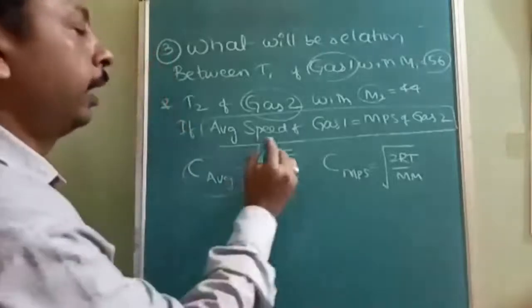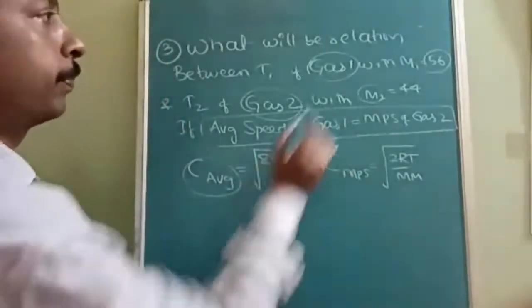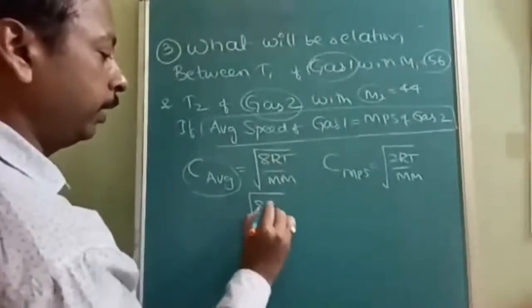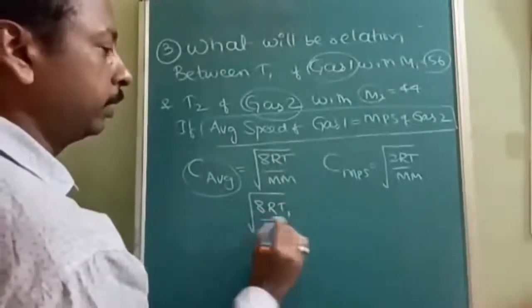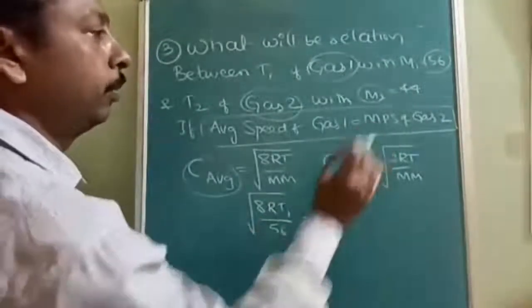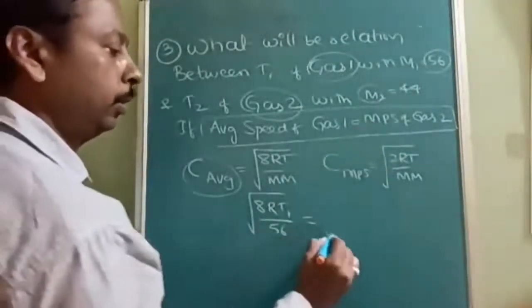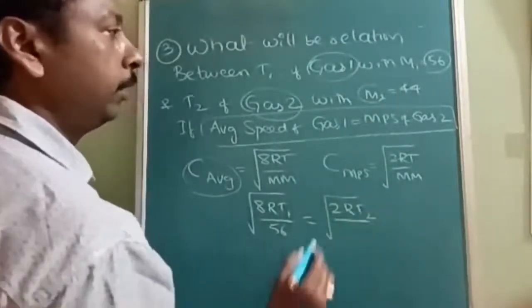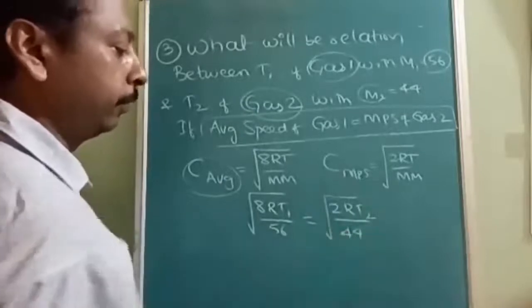So the average speed of gas 1 is the square root of 8R T1 upon 56, equal to the most probable speed of gas 2, the square root of 2R T2 upon 44.